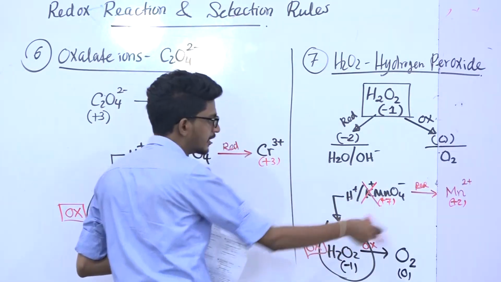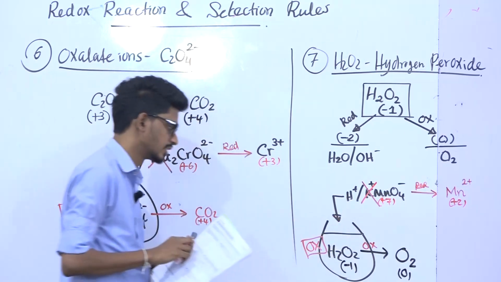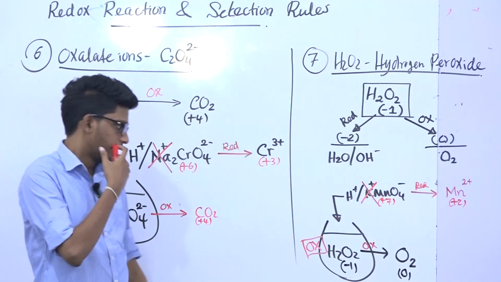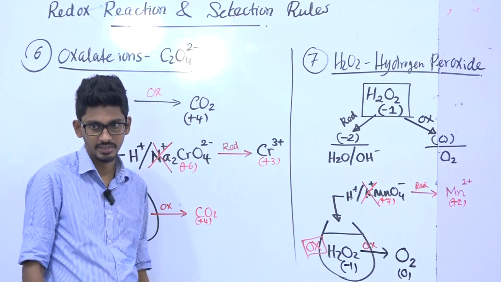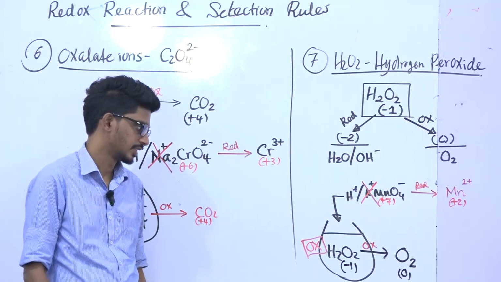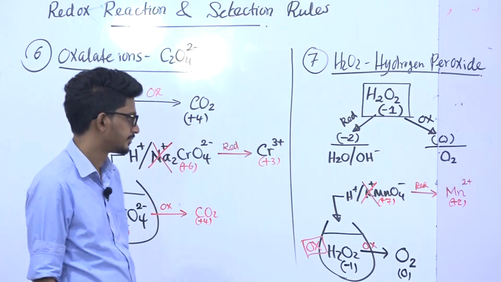So depending on the other species involved in the reaction, the H2O2 decides whether to oxidize or reduce. That is the idea. Both things are possible with H2O2, and that is decided by the other species.